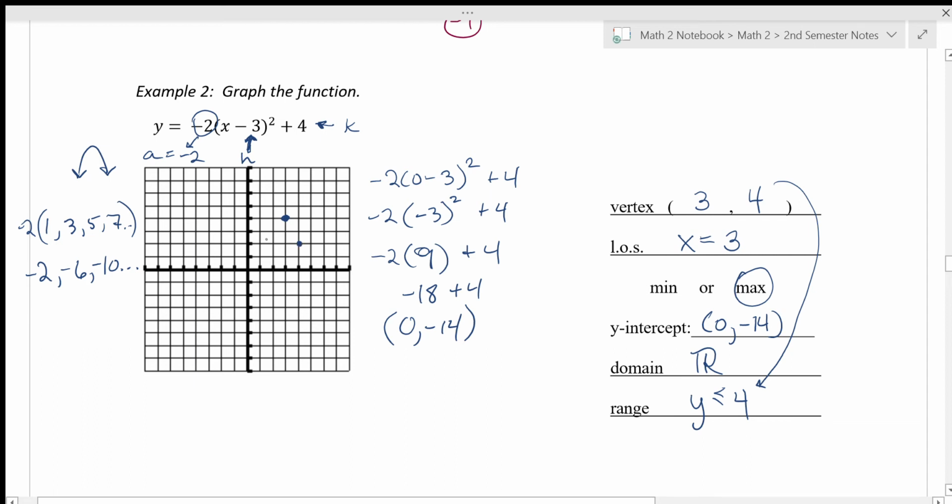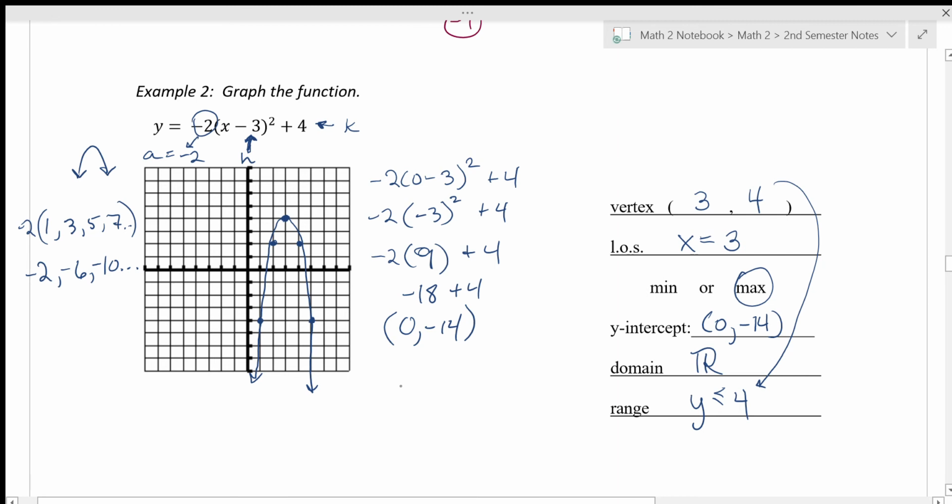I'm going to reflect that over here. I'm going to go over 1 and then down 1, 2, 3, 4, 5, 6. And reflect that over here. Okay, and then there is my function.